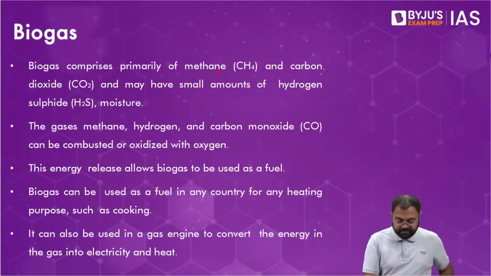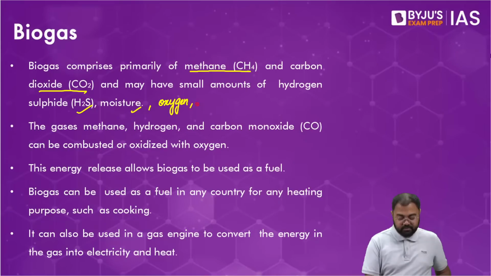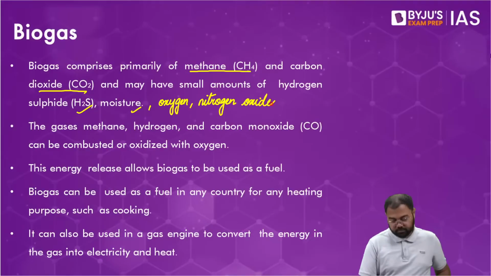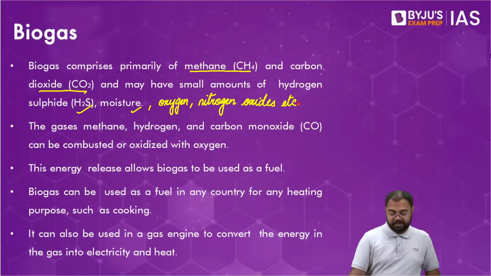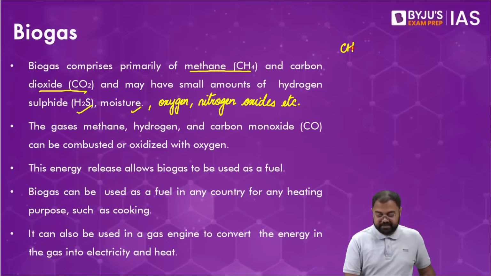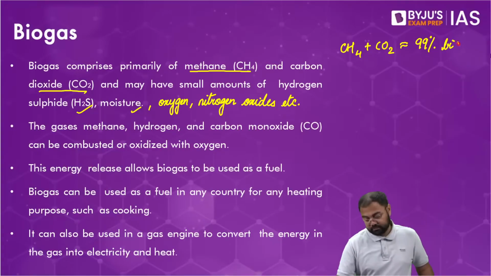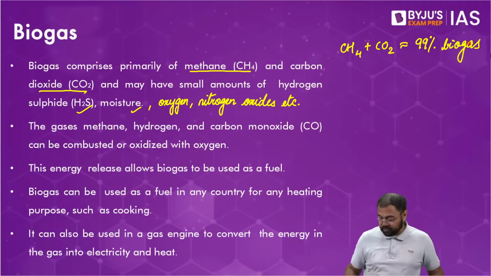So primarily, as we discussed, you have methane, carbon dioxide, and small amounts of hydrogen sulfide, moisture, or even oxygen, nitrogen oxides, etc. So all these can also be present, but as I told you, methane plus carbon dioxide makes up almost 99% of biogas, right?